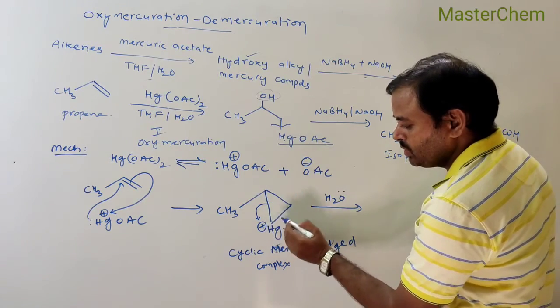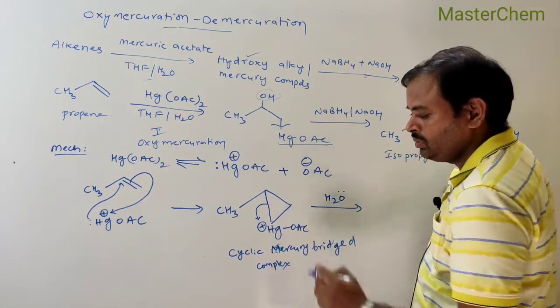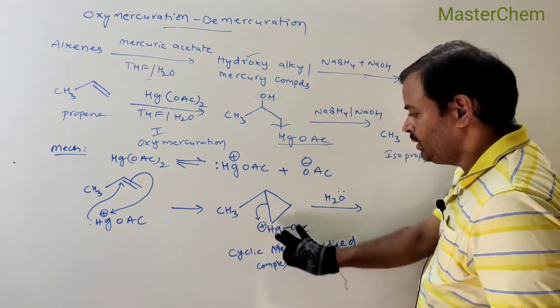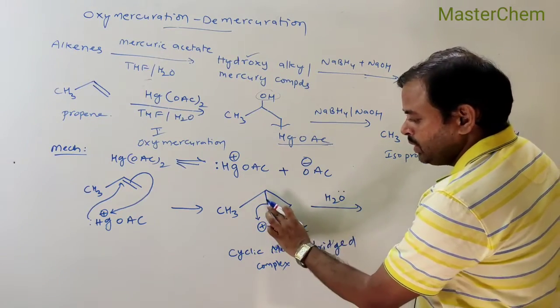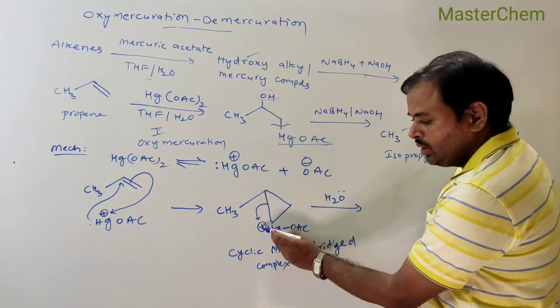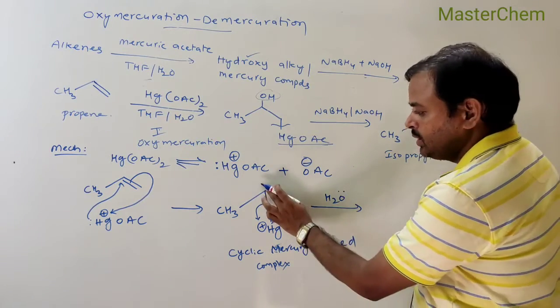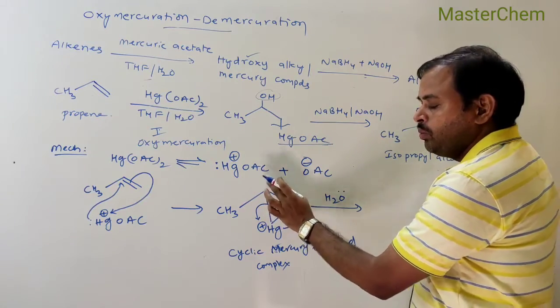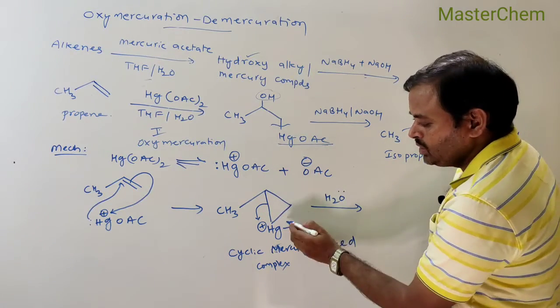Two options are there, but the delocalization of this bond towards mercury to neutralize this positive charge leads to a more stable carbocation than the other option.